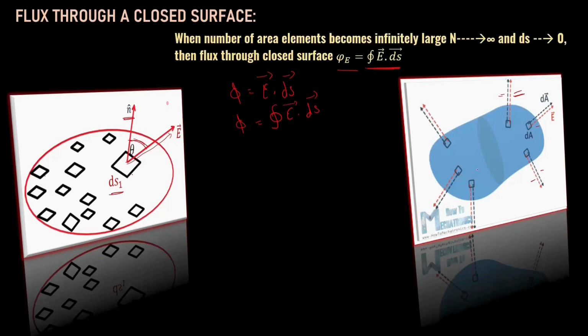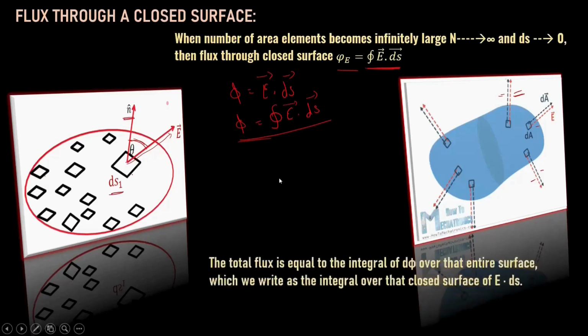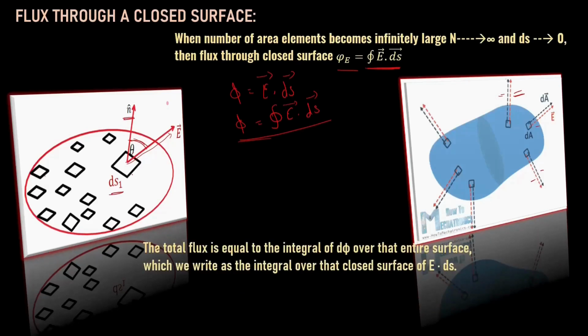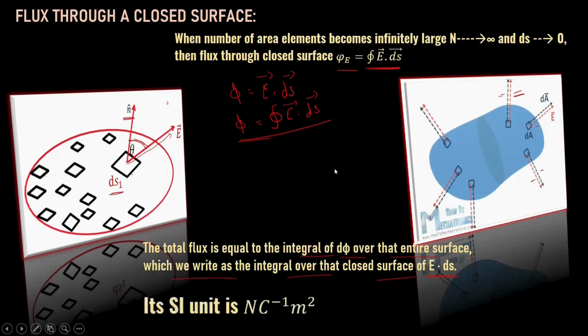So we have to integrate the individual area elements. So for an entirely closed surface, we can represent the flux by this formula. Hence the total flux is equal to the integral of d phi over that entire surface, which we write as an integral over that closed surface of E dot ds. So for a closed surface we have the formula of integration of E dot ds, and for the open surface we simply have E dot ds.